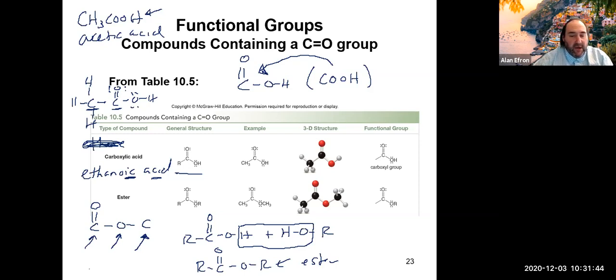So esters, like I said, have this carbonyl group and a slight variation on this. And as you could probably start to see, a lot of organic molecules are really tied to each other. A lot of them are made by putting two guys together, or maybe taking apart two guys, and you get two different types of organic compounds.